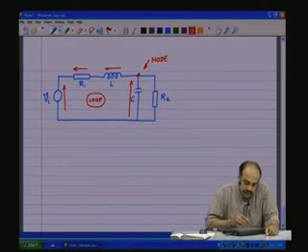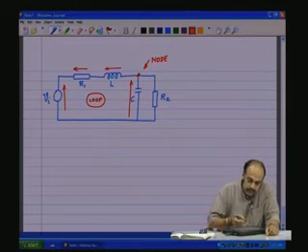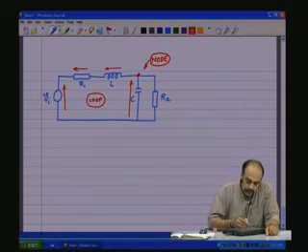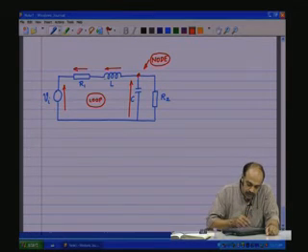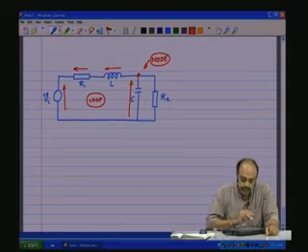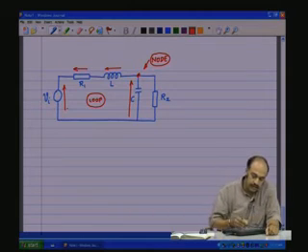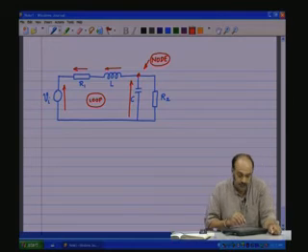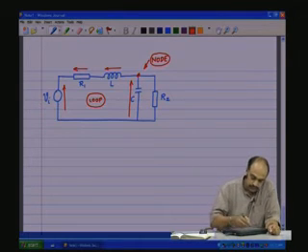So, what does it state? The node is a current junction. It states that the algebraic sum of all the currents of these branches should add up to 0. The loop states that the algebraic sum of all the voltages in this loop should add up to 0. That is the KVL and this is the KCL. We make use of these two laws, of course.